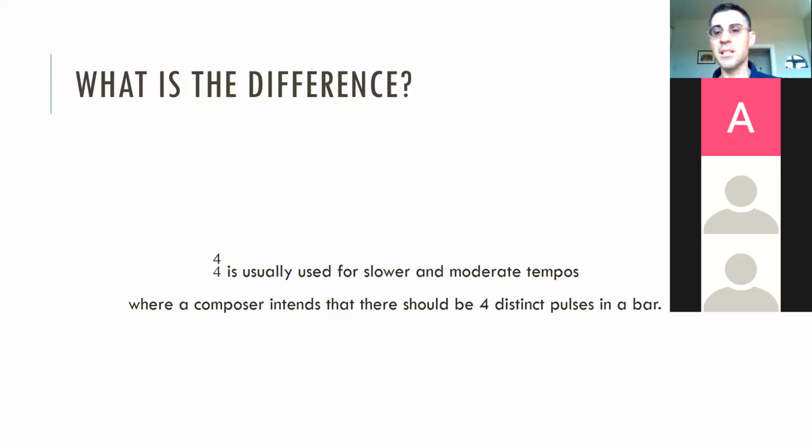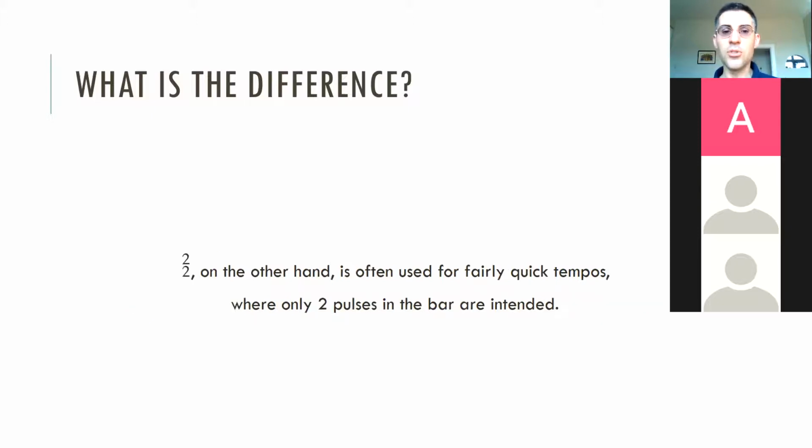That's a kind of moderate pace or very slow. 1, 2, 3, 4. And in the case where we're using 4/4, the composer usually wants you to be able to hear 4 separate beats. Okay. Now let me show you what 2/2 actually is.